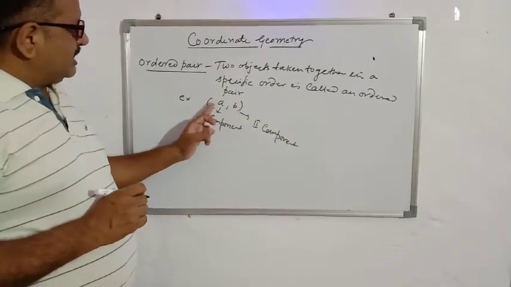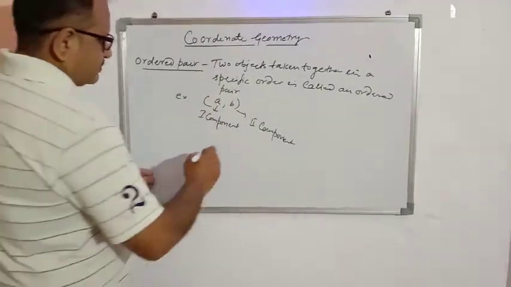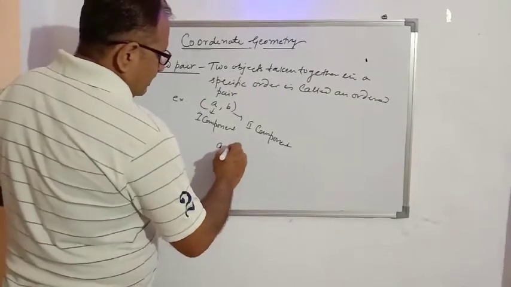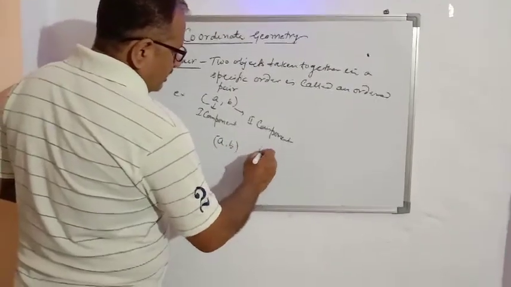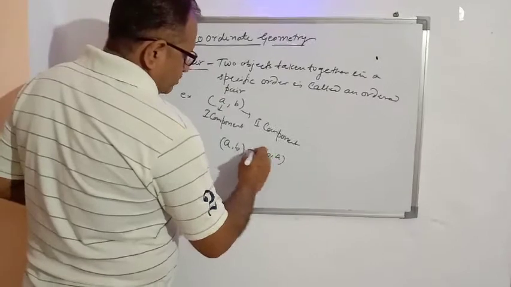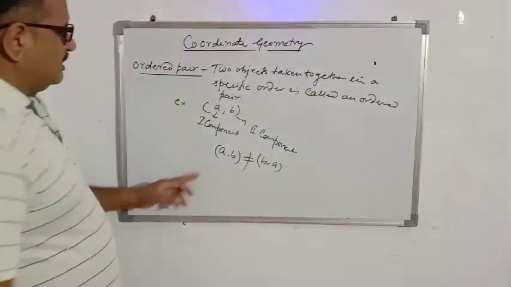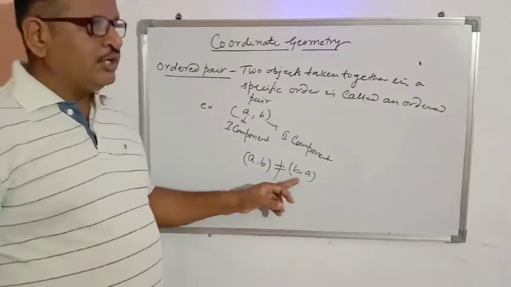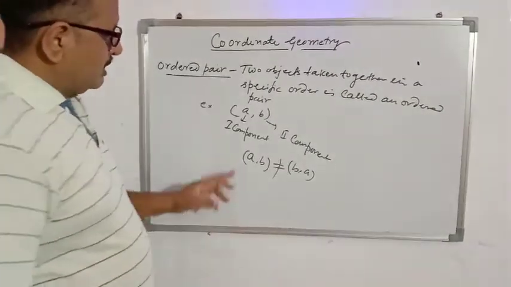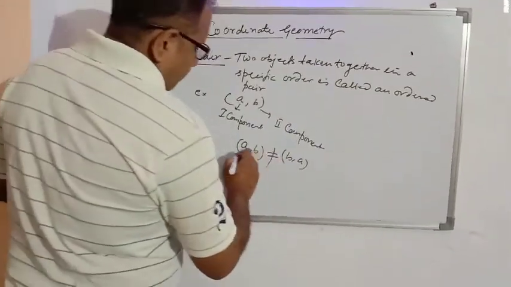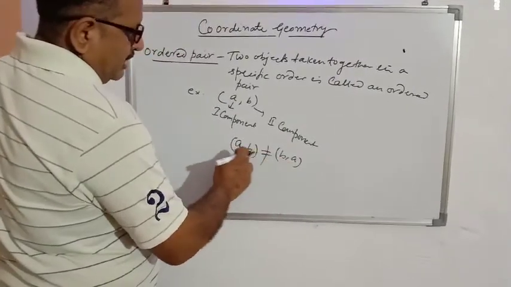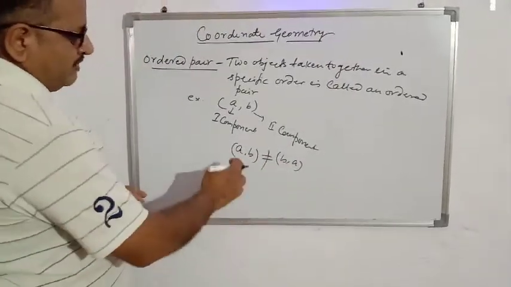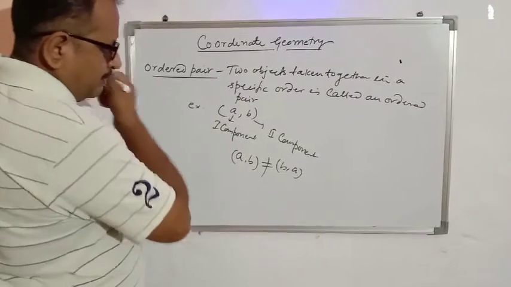If we interchange B and A, we will get the new ordered pair (B, A). So (A, B) and (B, A) are not equal; it will be a new ordered pair. They will be equal only when A and B are equal, then we can write (A, B) is equal to (B, A).